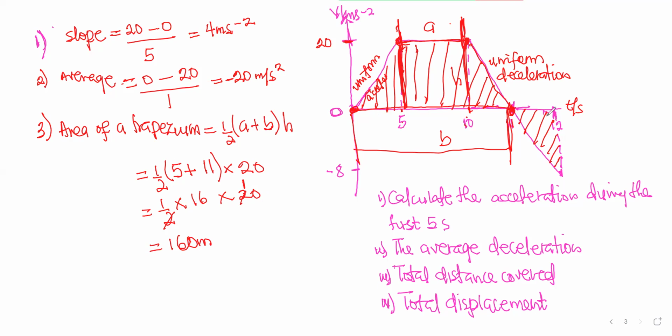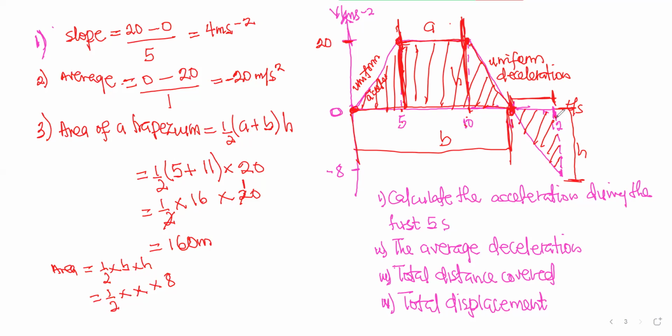Then we find the area of the shape here, which is a triangular shape. So area of a triangle is equal to half base times height. The base is this side, and the height is also here, h. So the base is equal to 1, whereas the height is equal to 8.